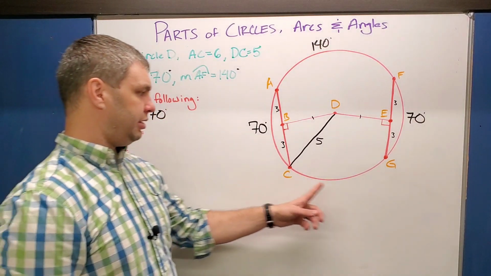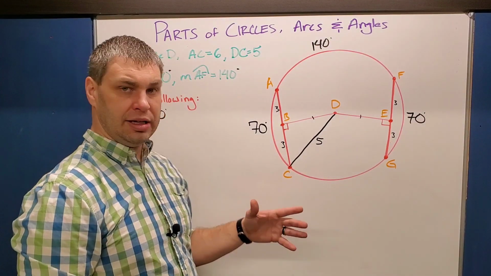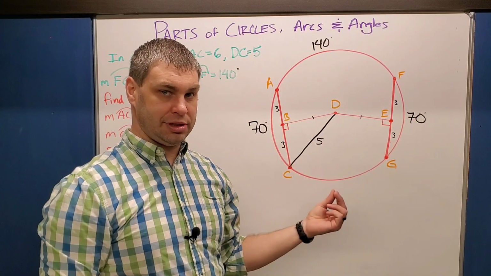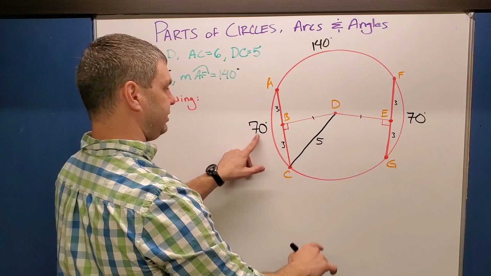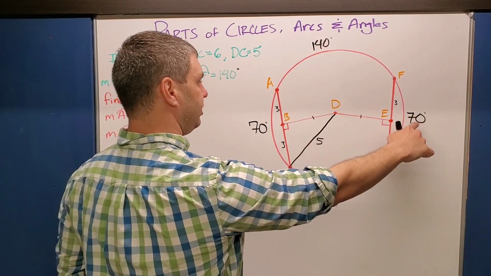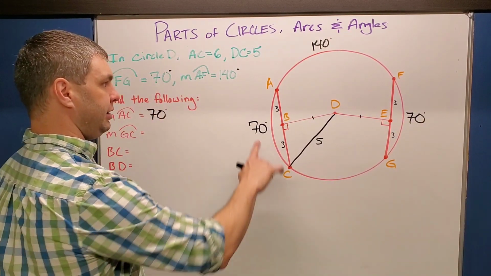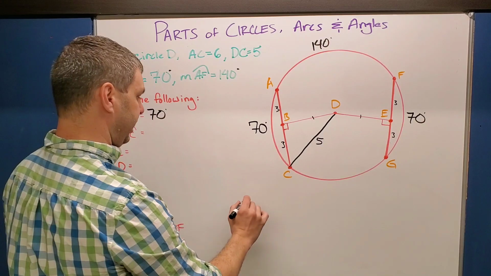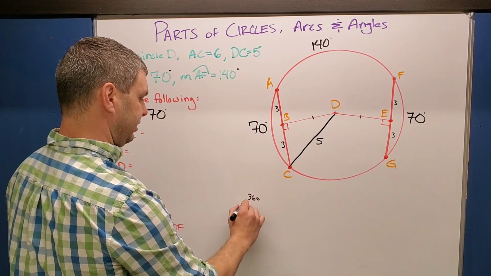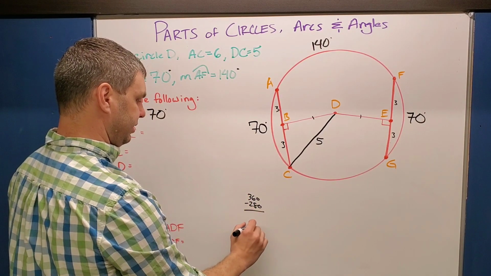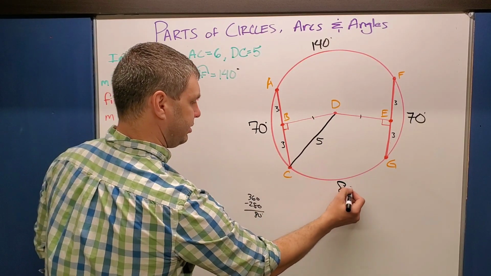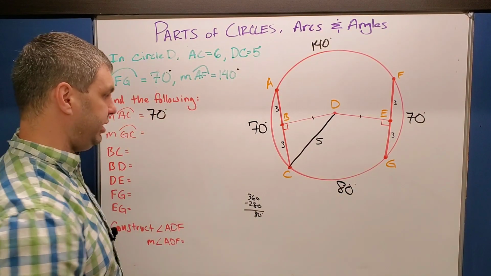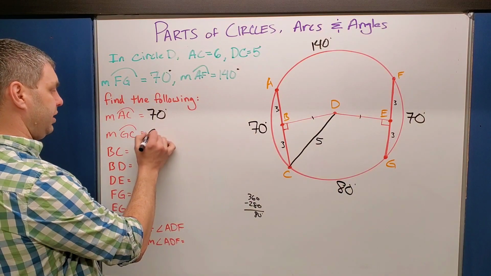GC, however, this minor arc, well, if the whole circle adds up to 360 degrees, I can take 360, subtract 70, subtract 140, and subtract 70. And altogether that's going to be 280. So 360 minus 280 is going to leave me with, I believe, 80 degrees for CG, or GC, I guess, either way.